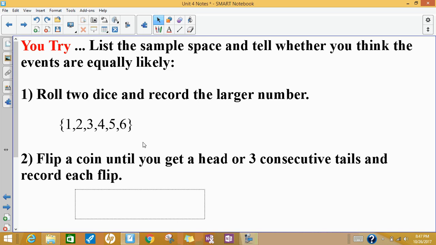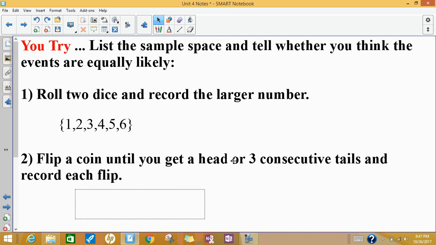So these events are not all equally likely to happen because there's only one way for 1 to be the largest, and there are 6 ways for 6 to be the largest. I could get 2 6s, I could get a 6 and a 5, 6 and a 4, 6 and a 3, 6 and a 2, and a 6 and a 1. So it's more likely that 6 is the larger number than 1 is the larger number.